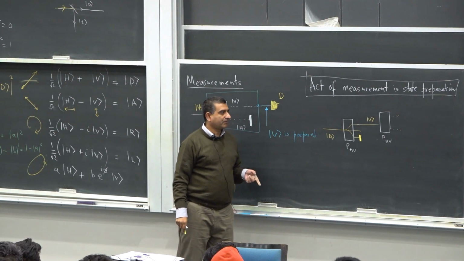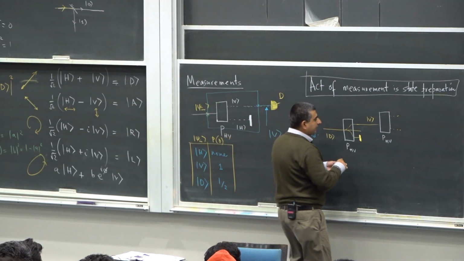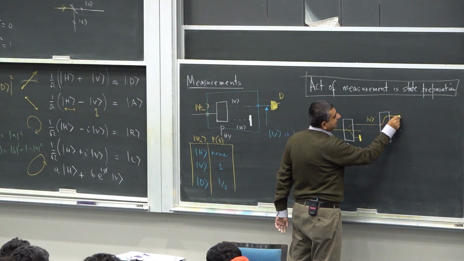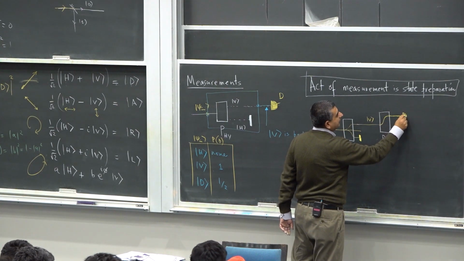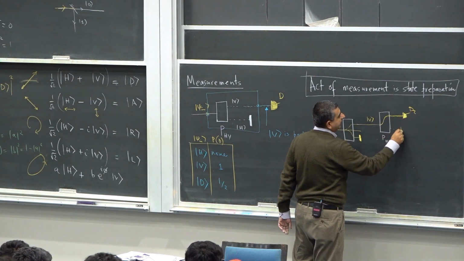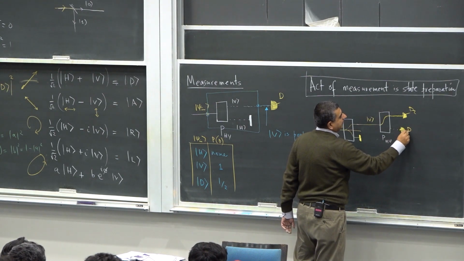The top one or the bottom one? The top one, because with certainty this quantum state is going to land up here. D2 clicks and D1 does not click.